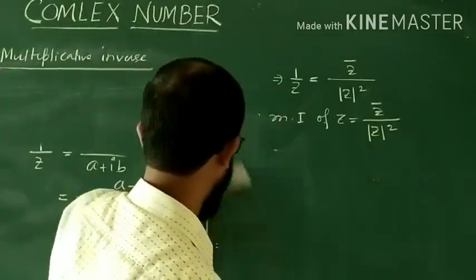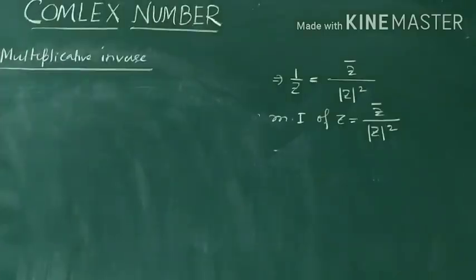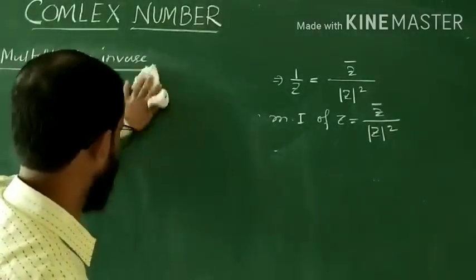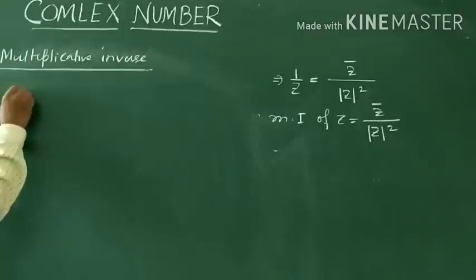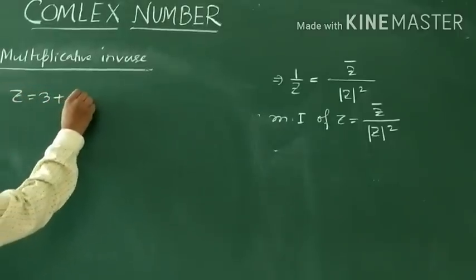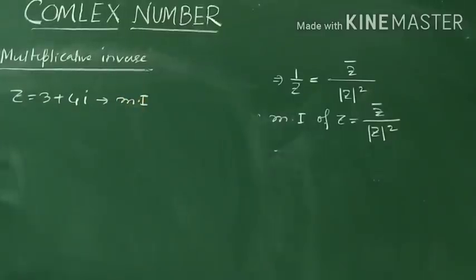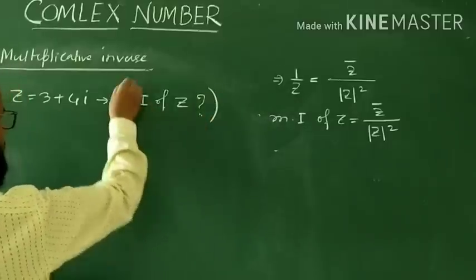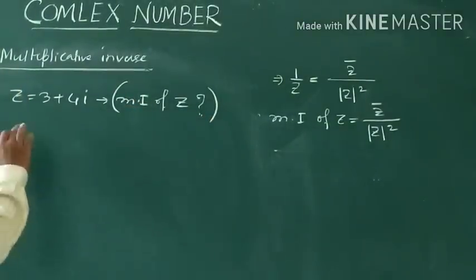So take a simple example. Suppose that z equal to 3 plus 4i is a complex number. So z is equal to 3 plus 4i, and you have to find the multiplicative inverse of z.